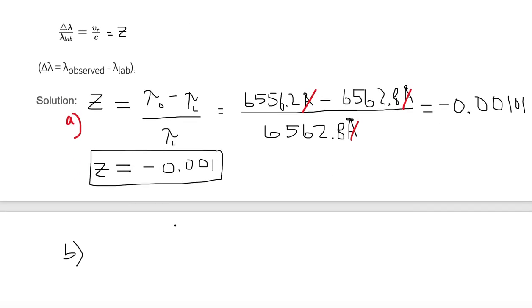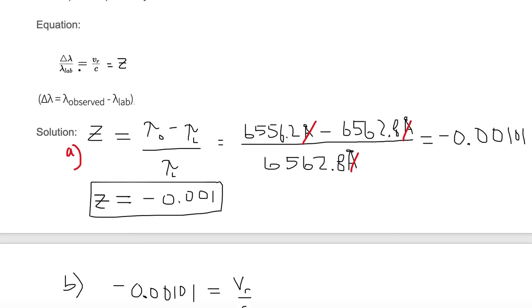We already know the Z value, so it's minus 0.001. You can put the other ones in there, 01. And that's going to be equal to our V radial divided by the speed of light, by this equation right here.